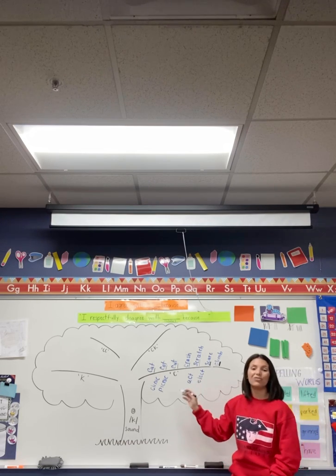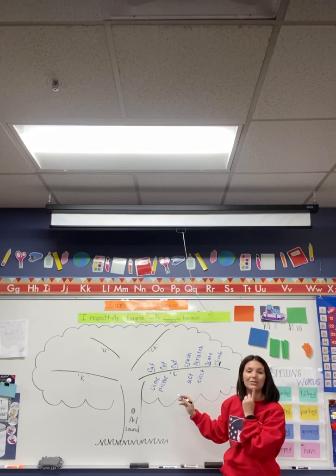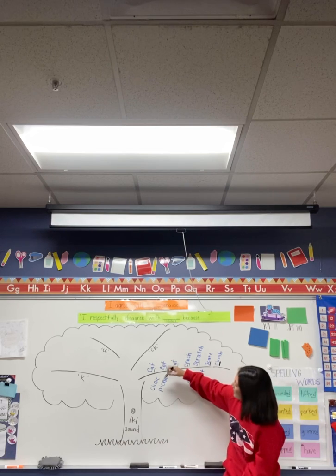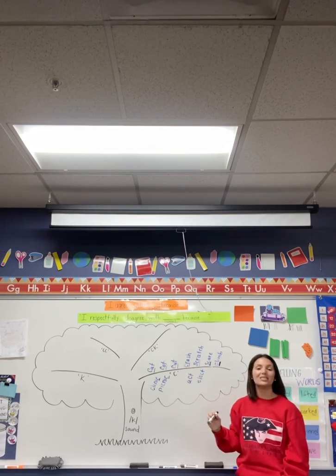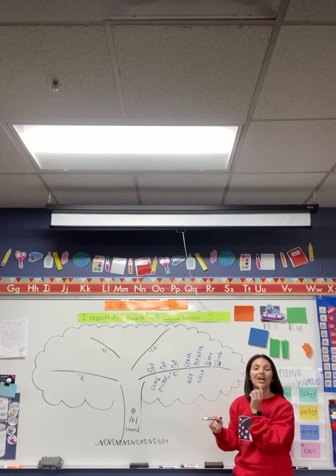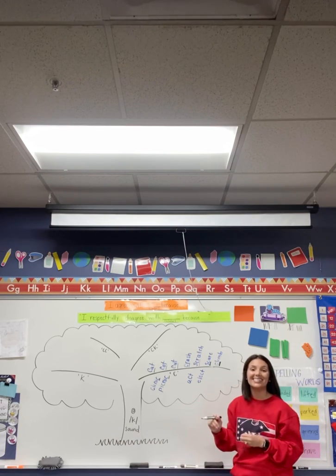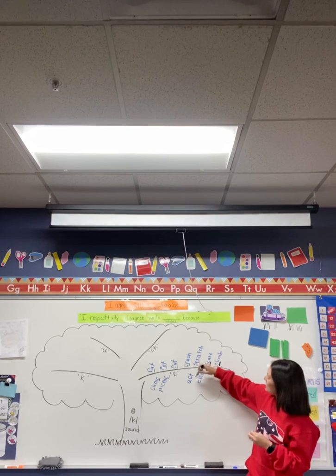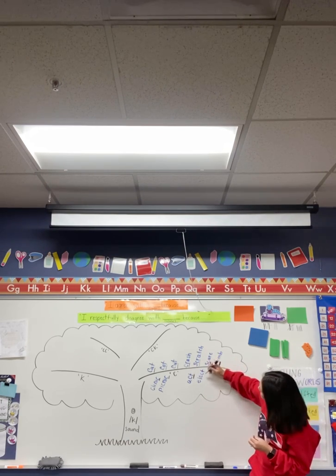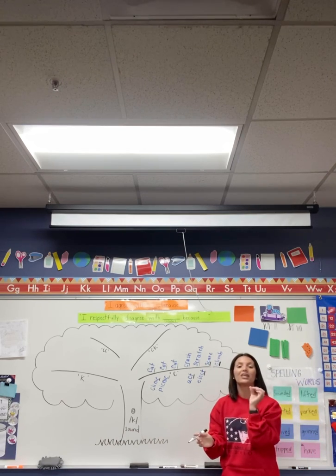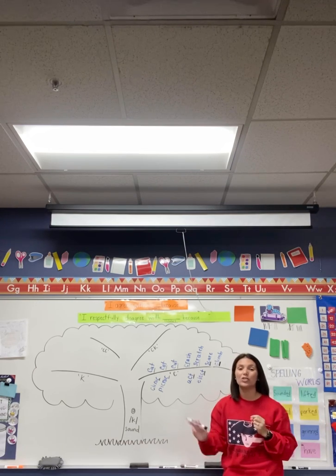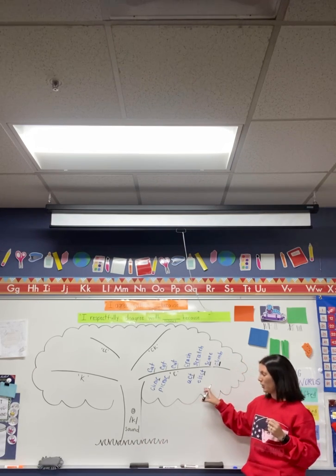We use it at the final position of the sound k if it's a multi-syllable word and you hear k at the end, it is a C, okay? And at the end, when there is a CT, like act. If you hear the kt, you know that the k sound is going to be a C spelling, okay?